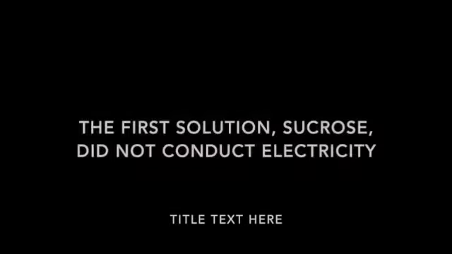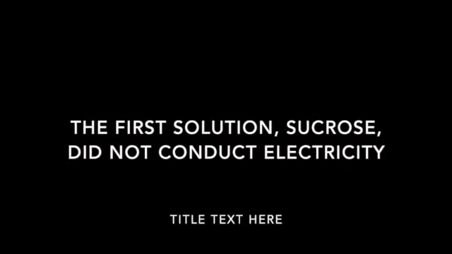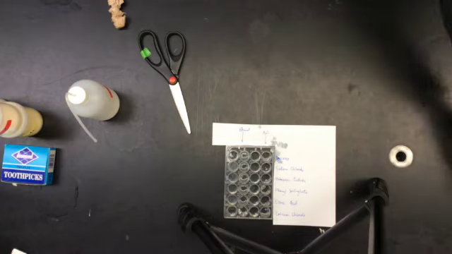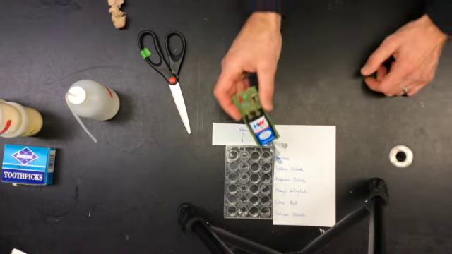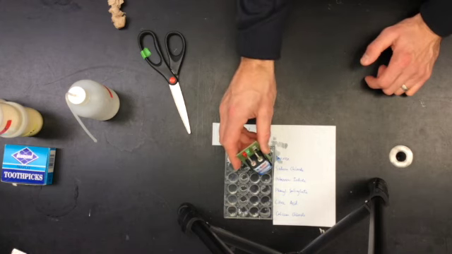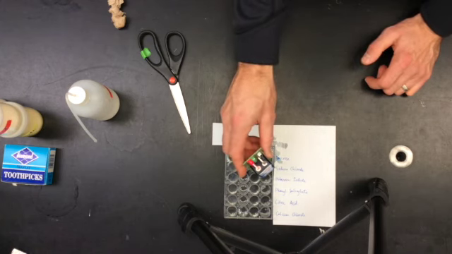test is complete. Between tests, I'm going to make sure that I rinse the leads off thoroughly with deionized water to make sure that there's no contamination. Here's solution number 2. This is the sodium chloride solution.